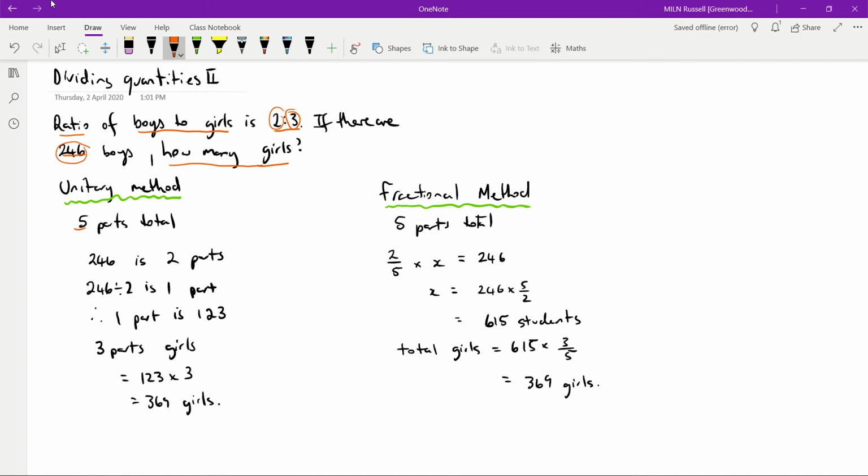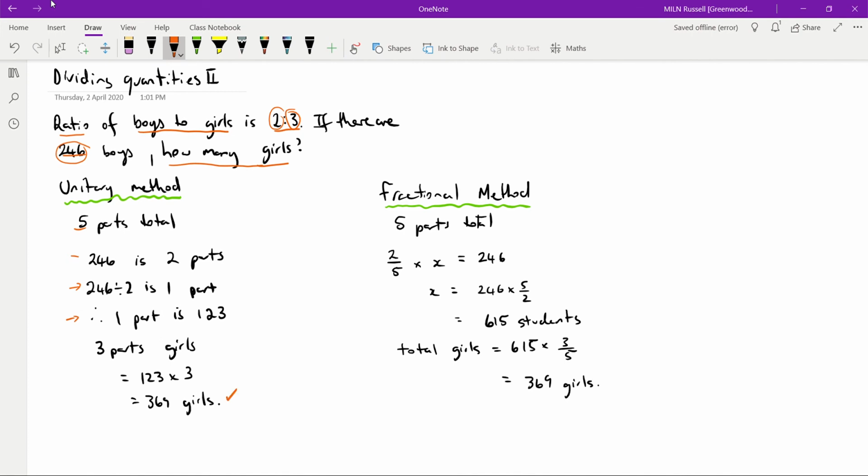So to find out 1 part, we're going to divide by 2. So instead of having 2 parts, we'll have 1 part. That's this line here. And by doing that, we'll find out that 1 part is 123. 3 parts is the girls. Multiply the 1 part by 3, and that will give us our 369 girls.